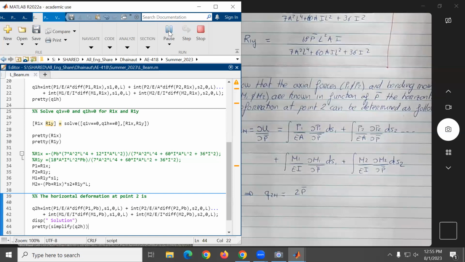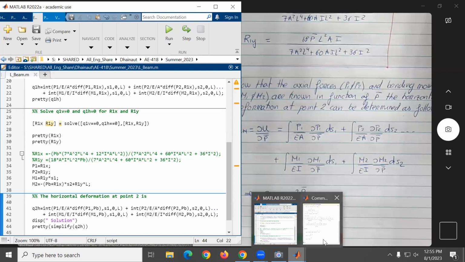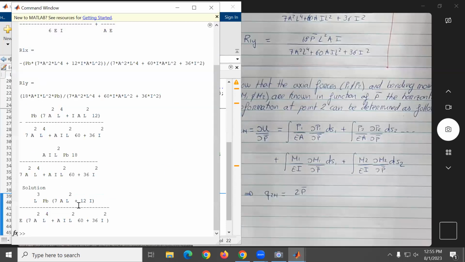I have here one solution, it's not that bad. There we go. So at the end, that will be the solution. So it's not a 2P, but basically will be.